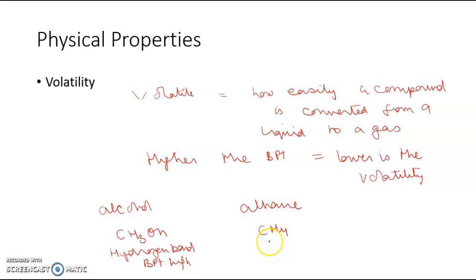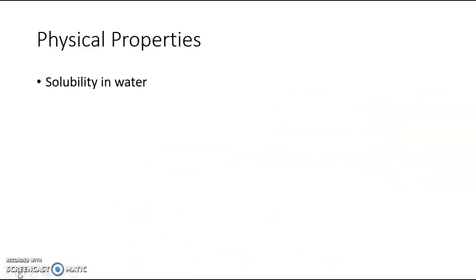These alkanes have London forces or van der Waals forces, therefore they have a low boiling point. So automatically it is clear that alcohols have lower volatility than alkanes, provided they have the same number of carbon atoms. What about the solubility in water?